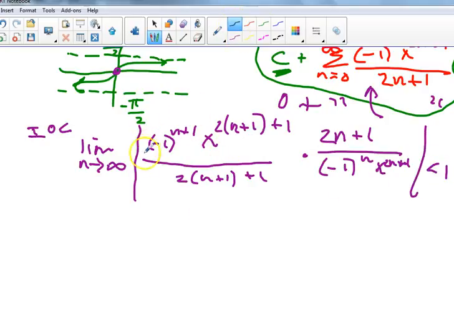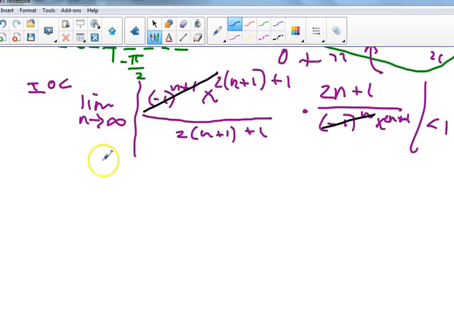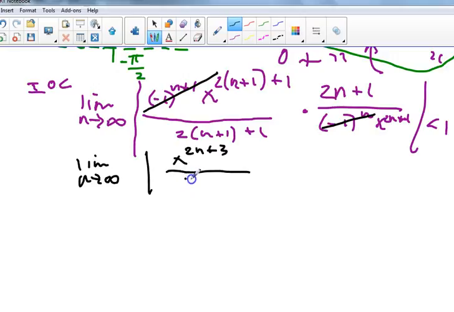And just like last time, -1s are irrelevant in absolute values. So I get to simplify everything that's left. I got limit n is going to infinity of 2, just kidding, x, 2n plus 2 plus 1 would be 2n plus 3. Bottom is also 2n plus 3, just simplifying that. And then I've got the 2n plus 1 still on the right top, all over x to the 2n plus 1.